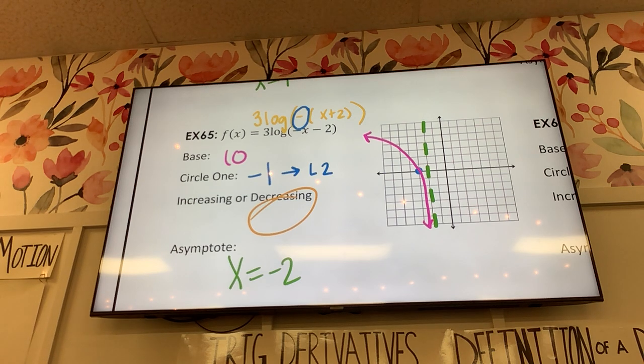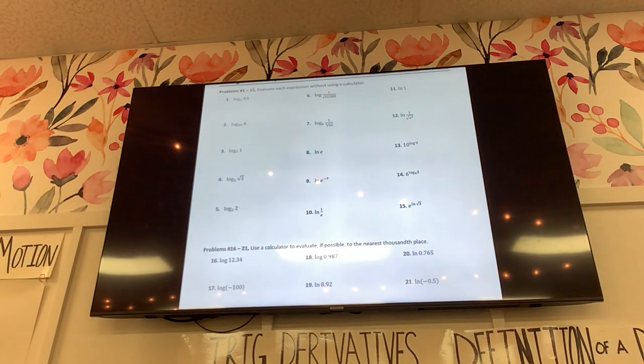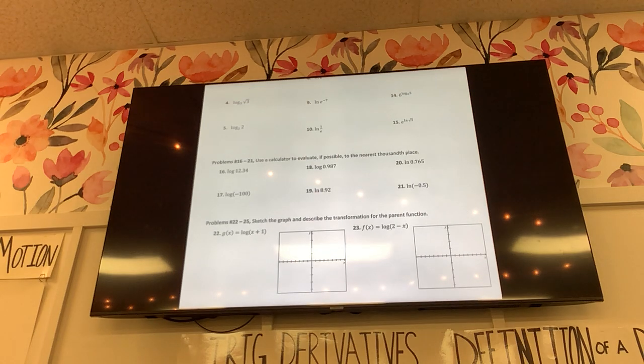Do y'all want me to do any more, or y'all feeling okay about it? Okay, on your homework, the first 21 is more practice from what we did yesterday. So more practice on the log rules, so you can get those memorized and down. And then you have some calculator ones that you're just going to type in. And then you've got 4 graphing ones.